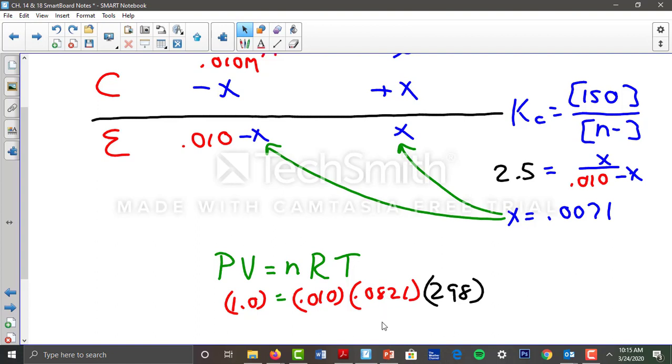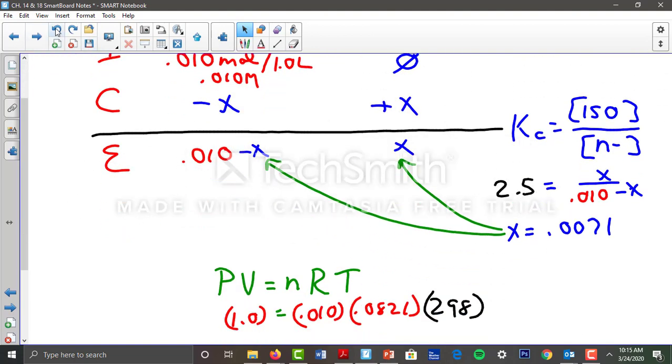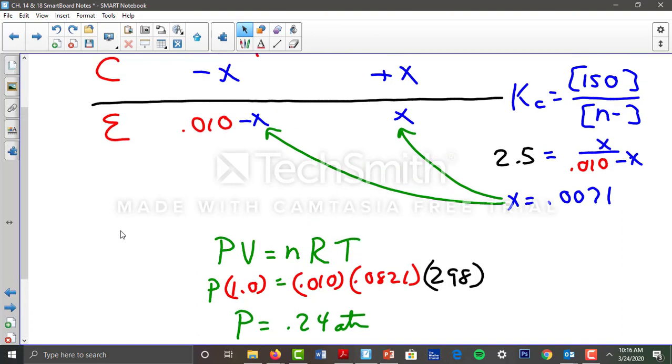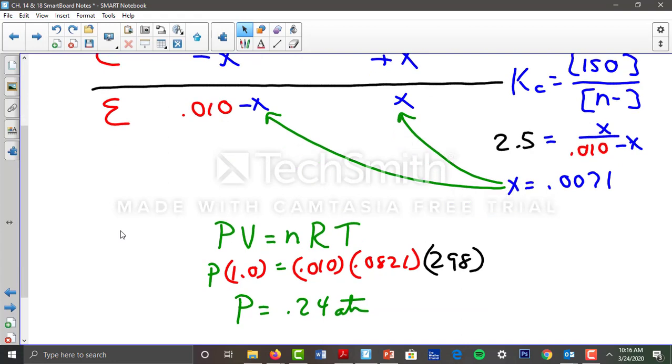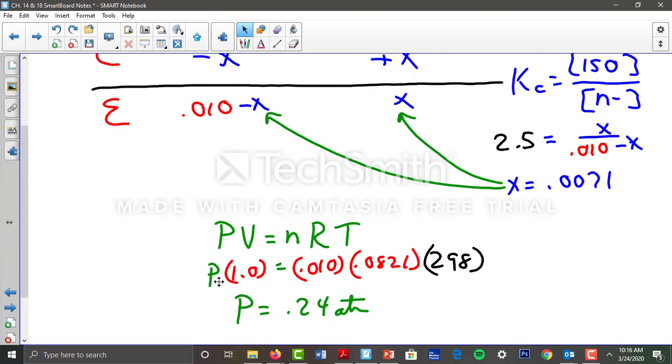R equals 0.0821. And the 298 came from the fact that it was at 25 degrees Celsius. Solving for P, the pressure would be 0.24 atms. You could solve for either the equilibrium concentrations here or use PV equals nRT to solve for the pressure.